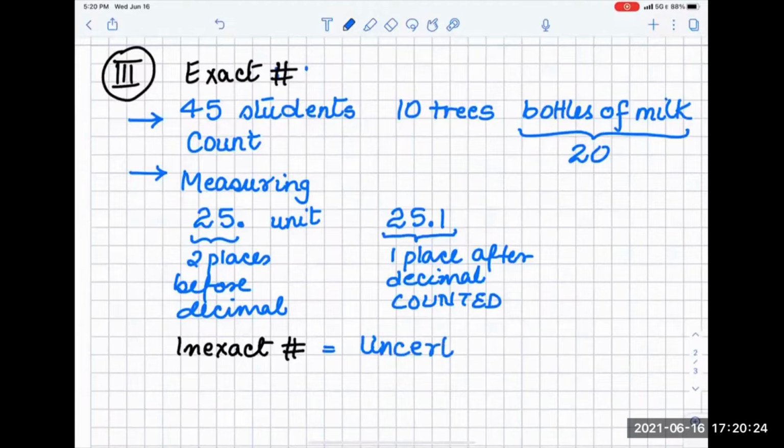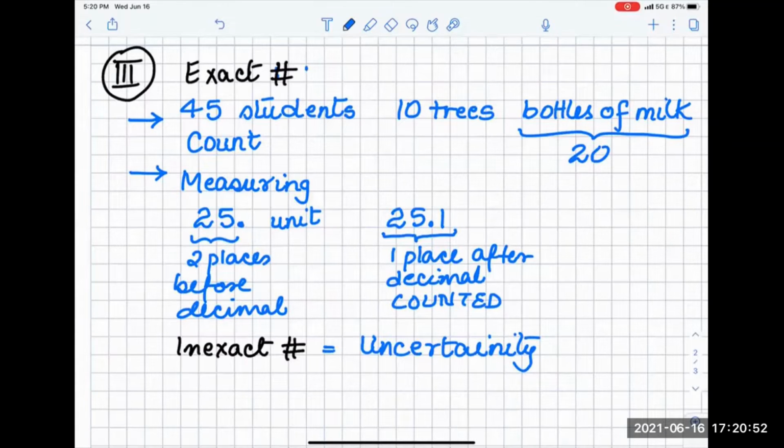Now, how does the uncertainty come in, first of all? You guys tell me. How does the uncertainty come in measurements? Those people who are present in the class also, what do you think? From where would the uncertainty in measurements come? Yes?